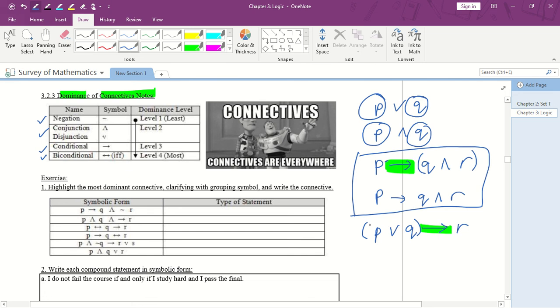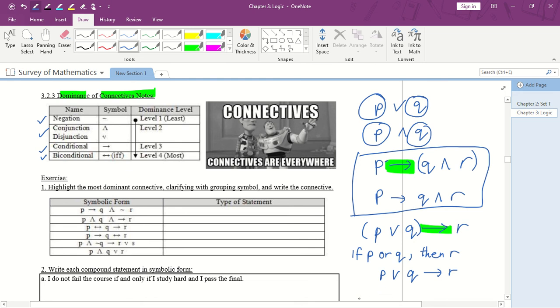So even though we don't put the parentheses, it has the same meaning as when we put parentheses. But when we put parentheses, then we know how to write the statement. So in this case, it will be: if P or Q, comma, then R. I believe that's what we learned just now, right? However, without the parentheses, yes, it is the same meaning, but you can get confused about how we should write this one.